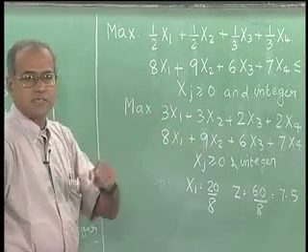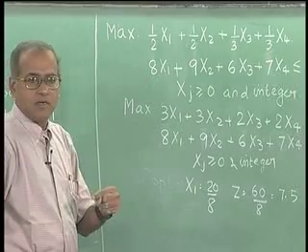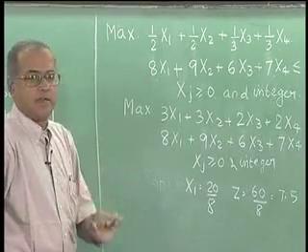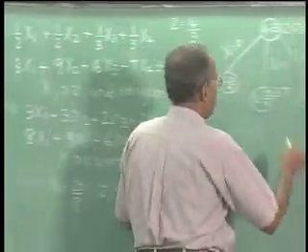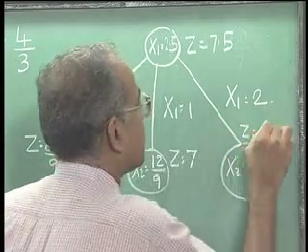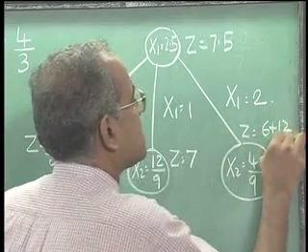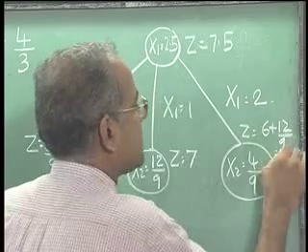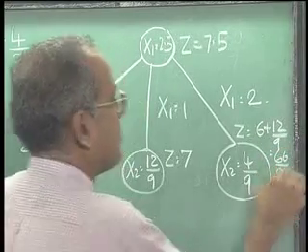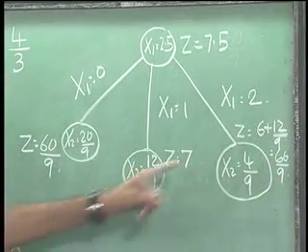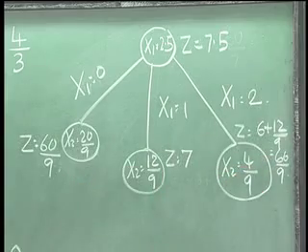So, 6 plus 12 by 9, 66 by 9. This would give us 7 and something.